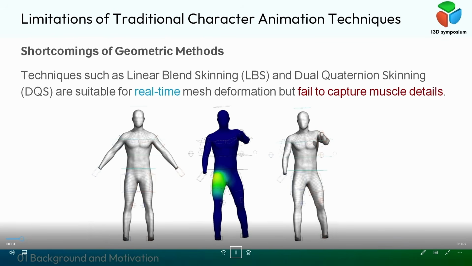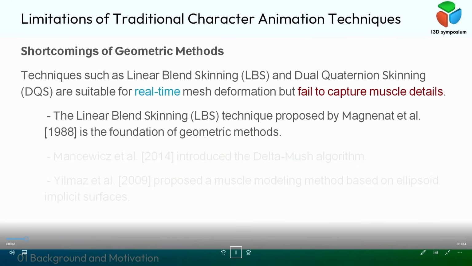Background and motivation. Traditional geometry-based methods, widely used for real-time mesh deformations, fail to capture biomechanical details such as muscle deformations and fat wobbling. For example, linear blend skinning, LBS, Magnenat et al. 1988, which interpolates mesh vertices based on skeletal transformations, is efficient but cannot simulate complex behaviors like muscle bulging and contraction.